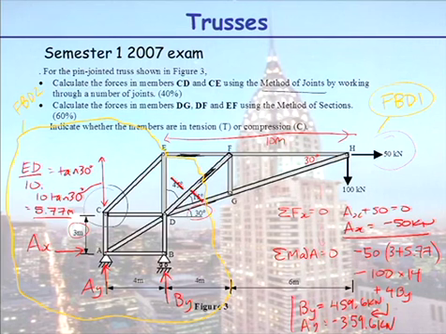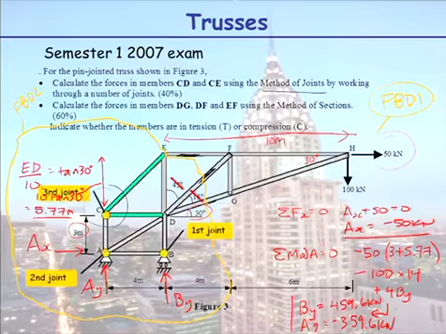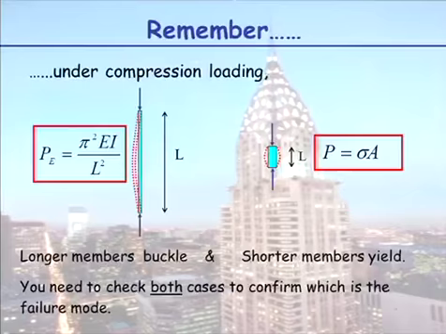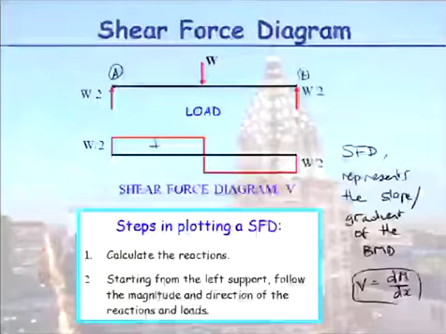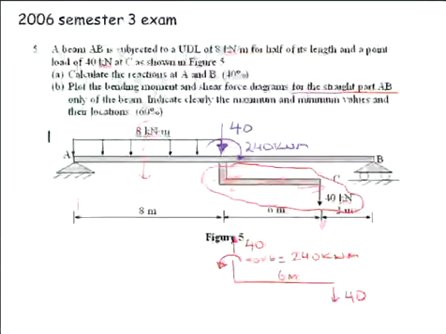Okay. For the diagram, which one is the maximum? Well, this is the maximum, but this is a local maximum. So you'll see in the question, we actually say, plot the bending moment diagram, indicate clearly the maximum and minimum values. I call them local maximums.